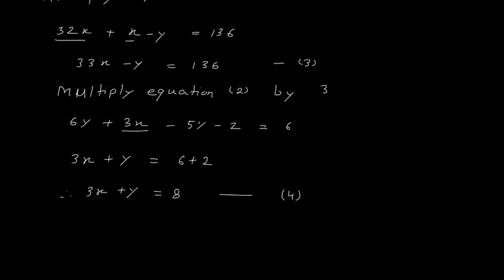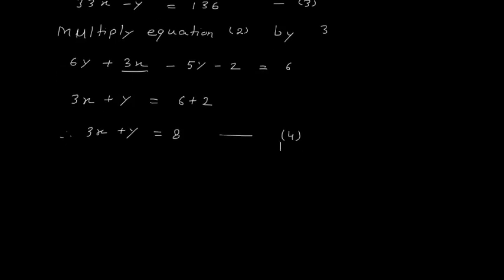Now if I add them, my y term will go. So adding equation 3 and 4. Equation 3 is 33x minus y is equals to 136.